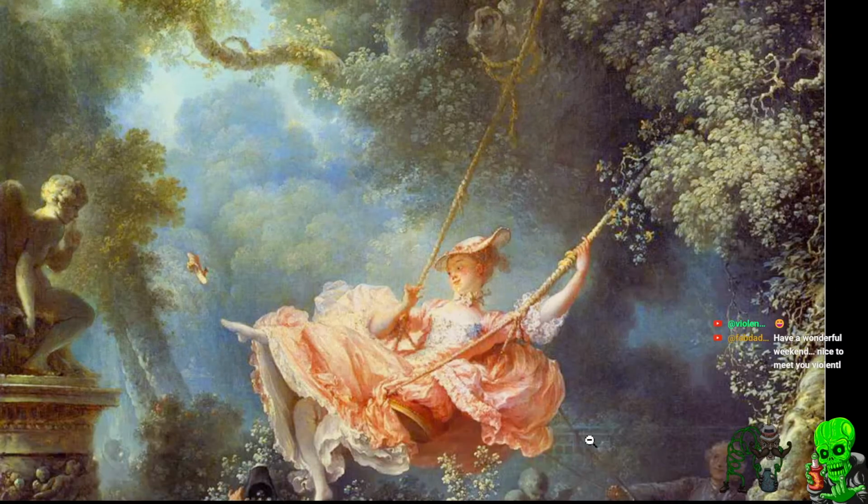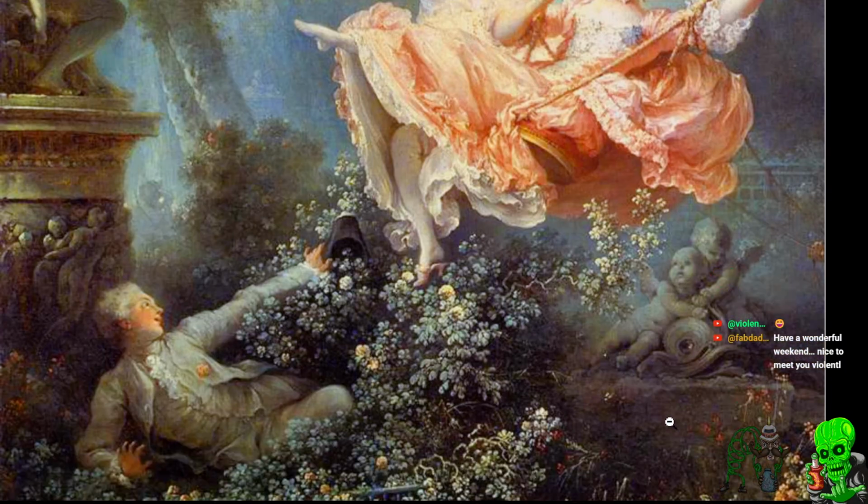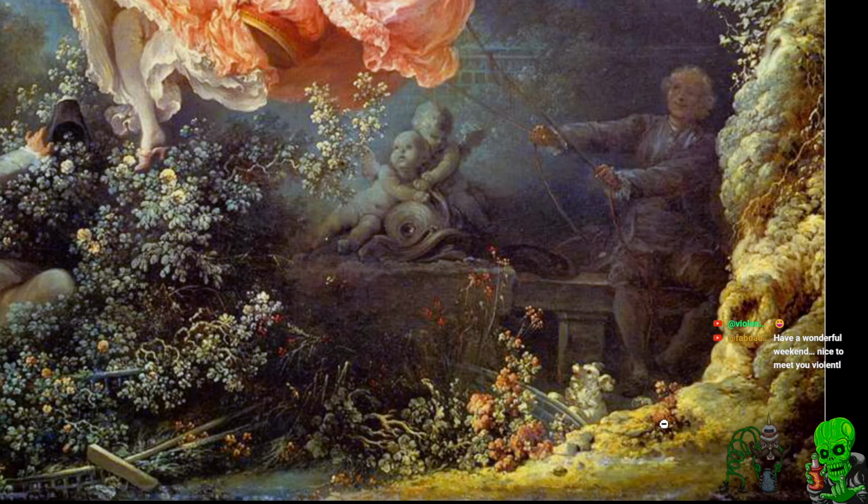And I'm just going to zoom in on the little dog down here because he's a cute little detail. The little white dog, I think that's adorable. And then there's, of course, the cherubs on the fish, the statues, all the stuff that would be in those ostentatious and extremely expensive aristocratic French gardens.